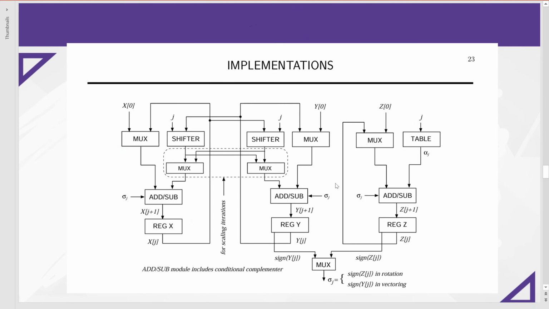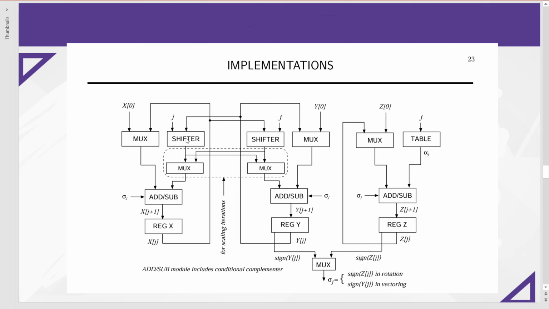This is the implementation data path architecture of the CORDIC algorithm. It is an iteration based architecture. We will need four main blocks to use in the CORDIC algorithm.